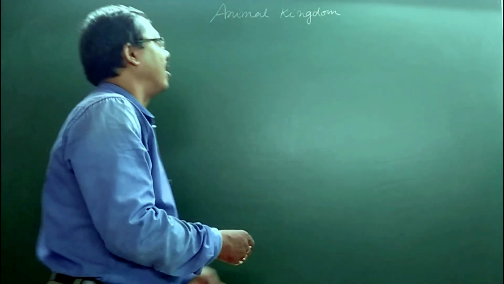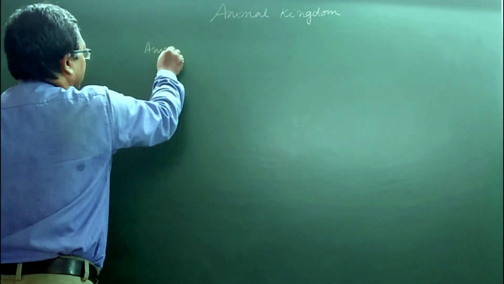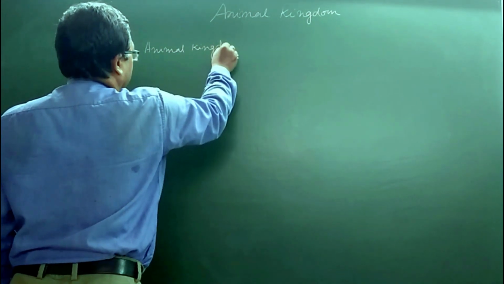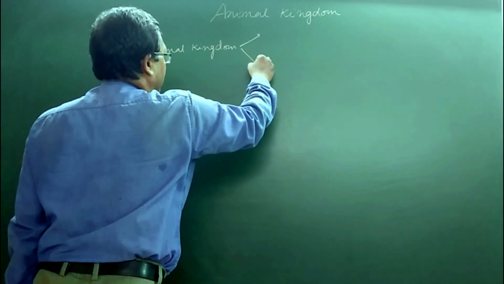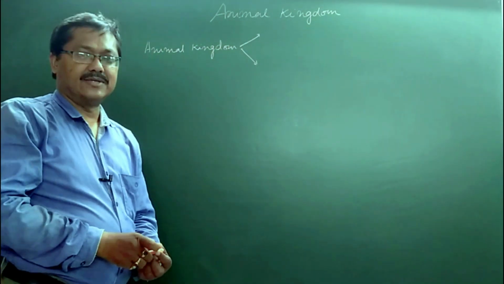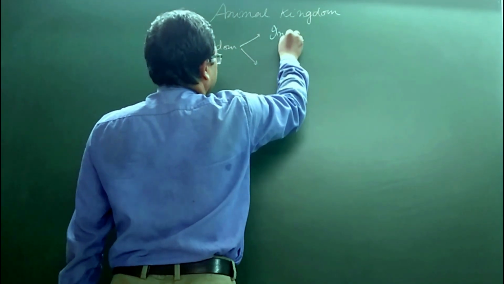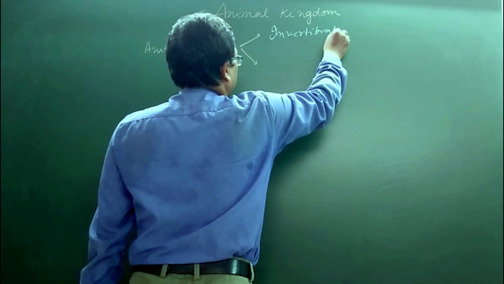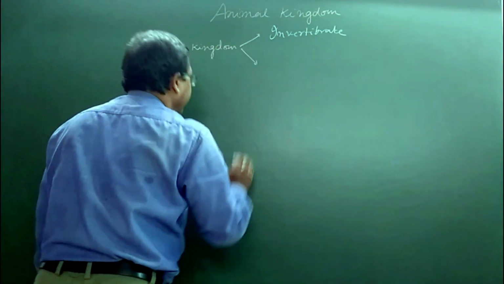Initially, the animal kingdom is divided into two large categories. One is invertebrate and the second is vertebrate.